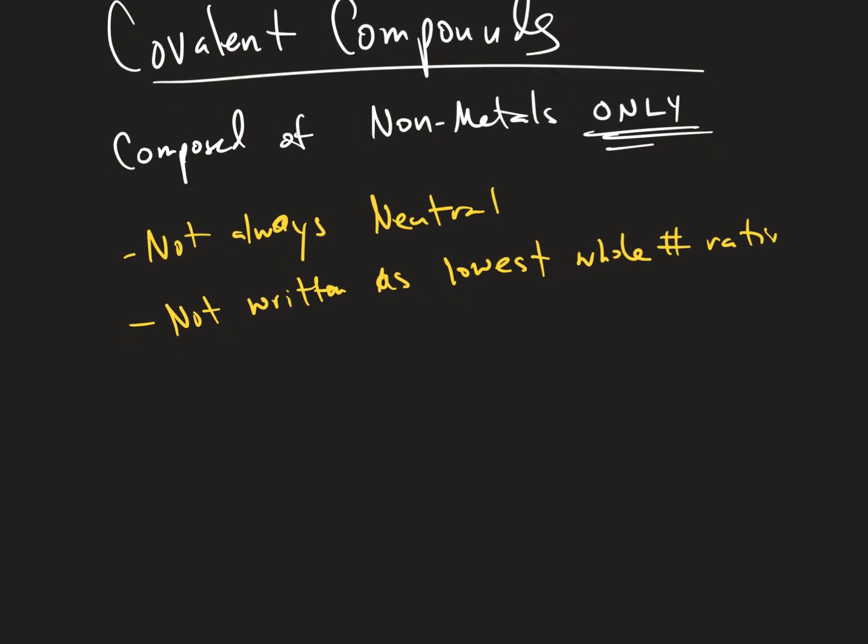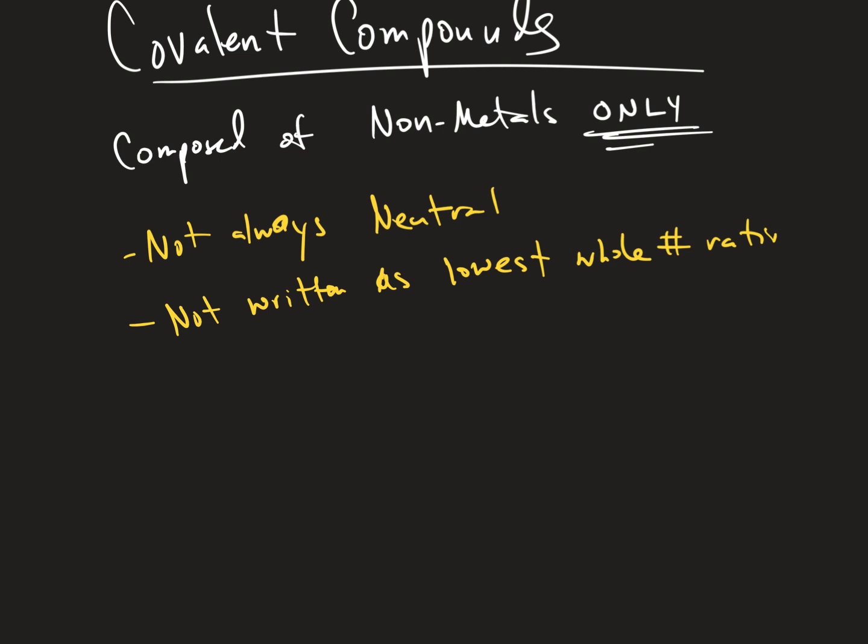All right. In ionic compounds, any questions on those? What makes it covalent? When we name ionic compounds or covalent compounds, the first step is, what type of compound is this? How do you tell? If there's a metal in it, it's ionic. If there's no metal, it's covalent, except for one exception: if it has a polyatomic ion in it, it is an ionic compound.